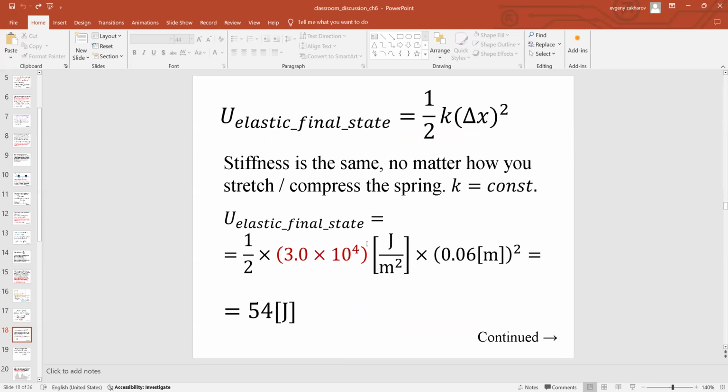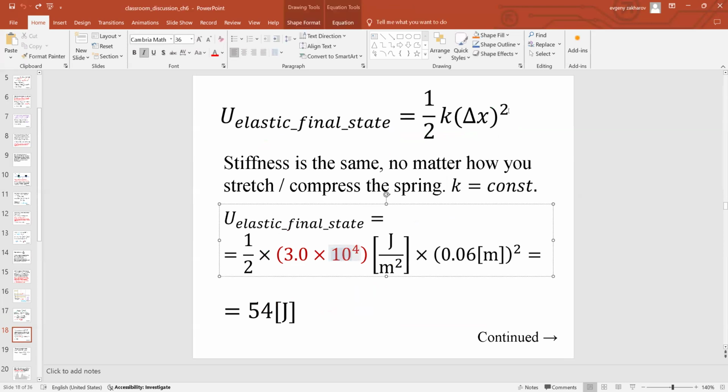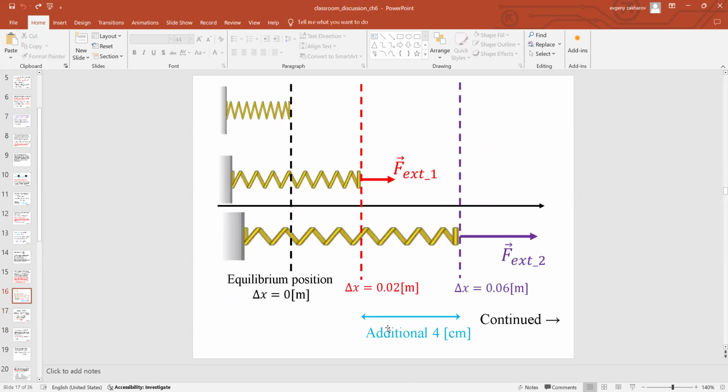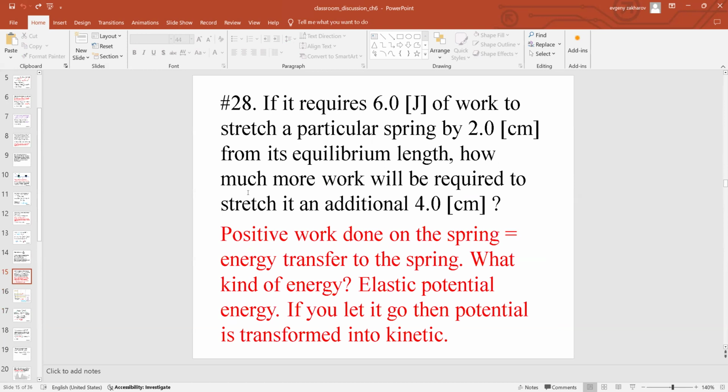It's the same stiffness. So 1/2 kx squared, 1/2, same k, same stiffness, and new elongation or stretching or compression squared gives you 54 joules. But the question is not for 54. The question is how much more. Be careful reading the question.